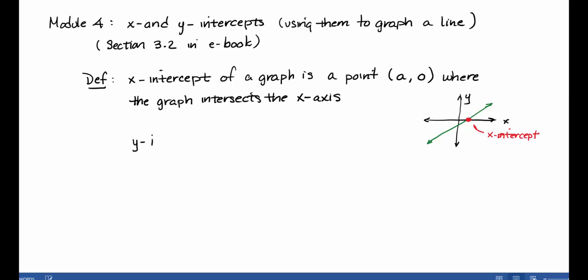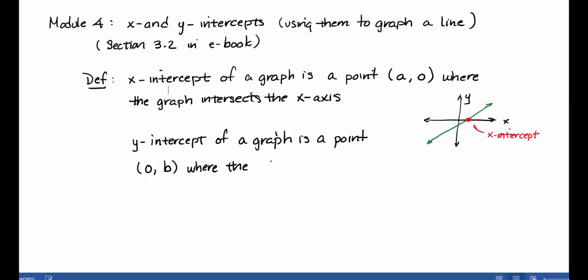To find the y-intercept of a graph: it is a point (0, b) where the graph intersects, guess what, right?